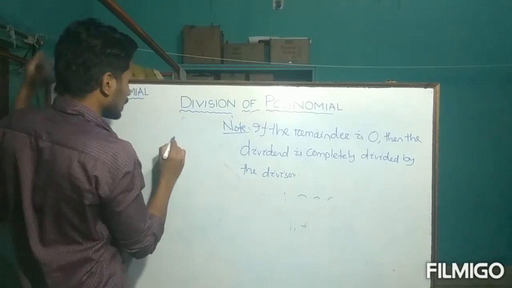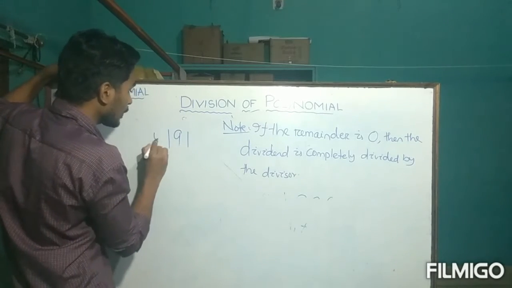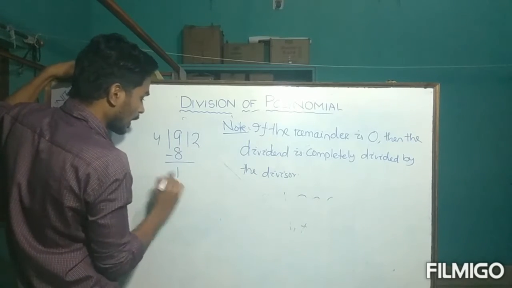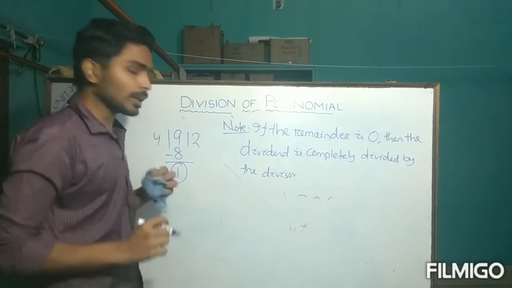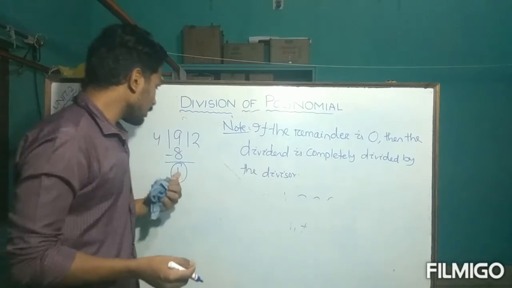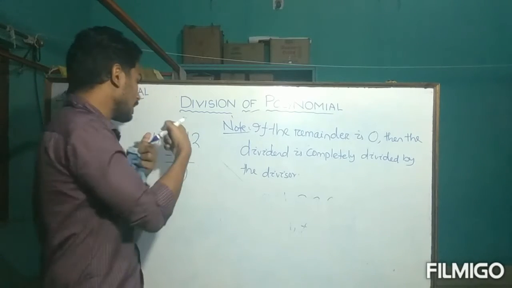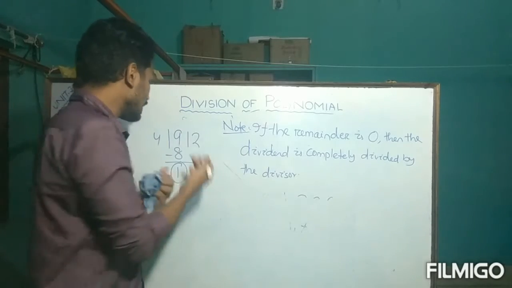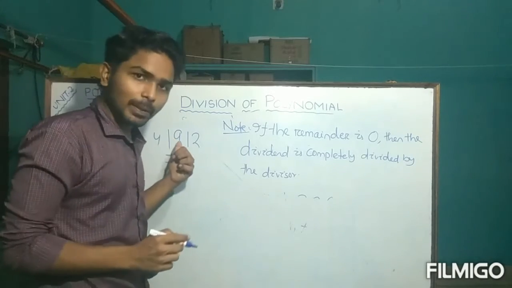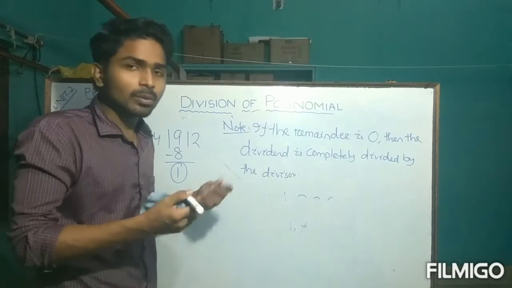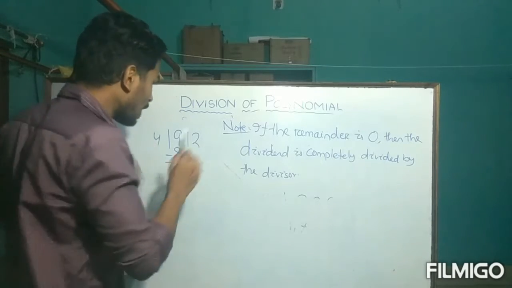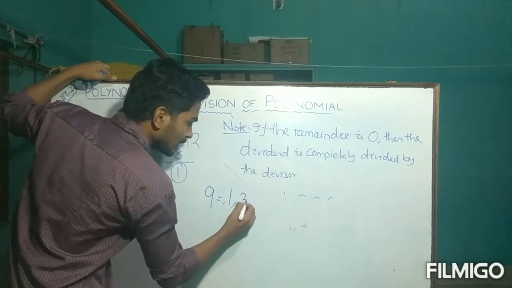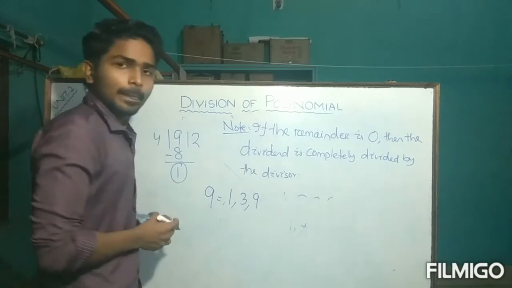Suppose 9 is divided by 4. So it will be 4 twos are 8, remainder 1. So here the remainder is 1. We can say that if the remainder is not 0, then 4 doesn't completely divide 9. Now we have to find the factors of 9. The factors of 9 are 1, 3 and 9.